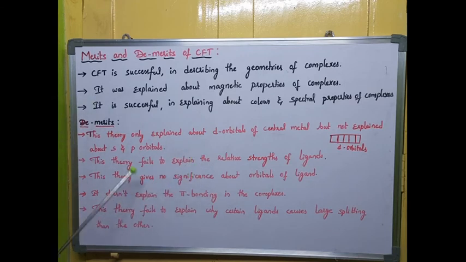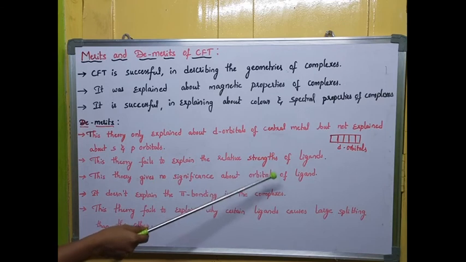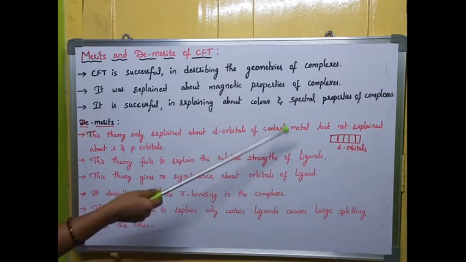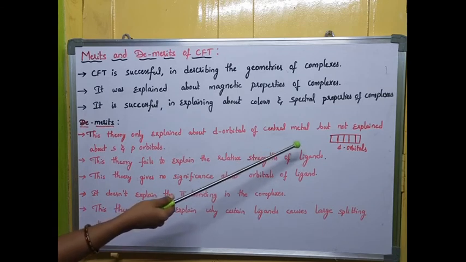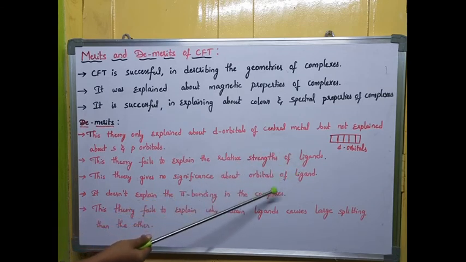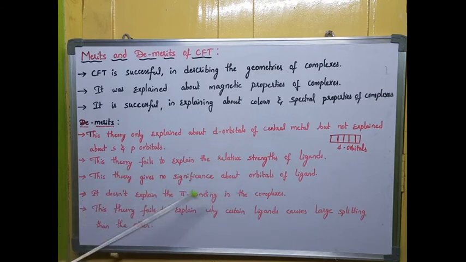Next, it gives no significance to the orbitals of ligands. It always describes the orbitals of the metal, but does not include the orbitals of the ligand clearly. It does not explain the pi bonding in the complex. Pi bonding means double bond formation in some complexes, but the theory always explains the sigma bond formation, not the double bond formation.